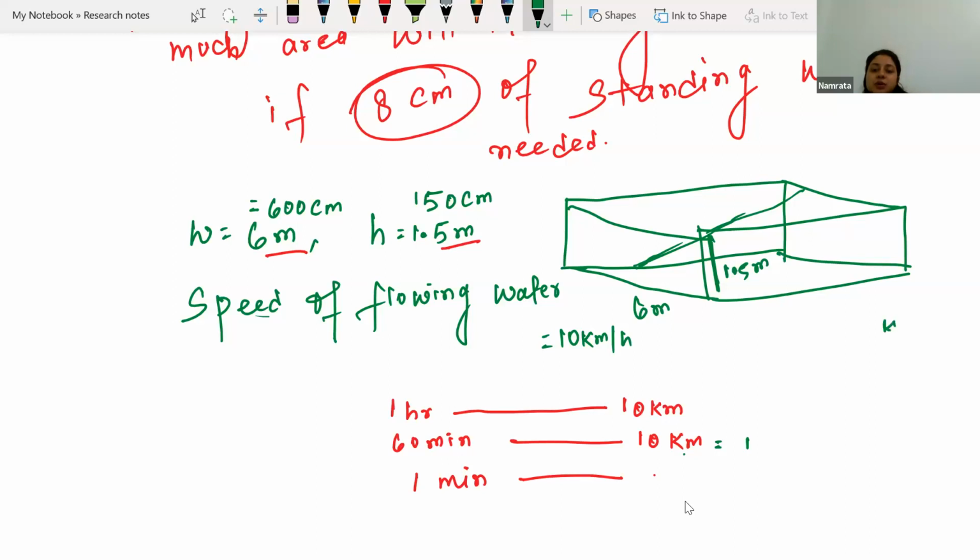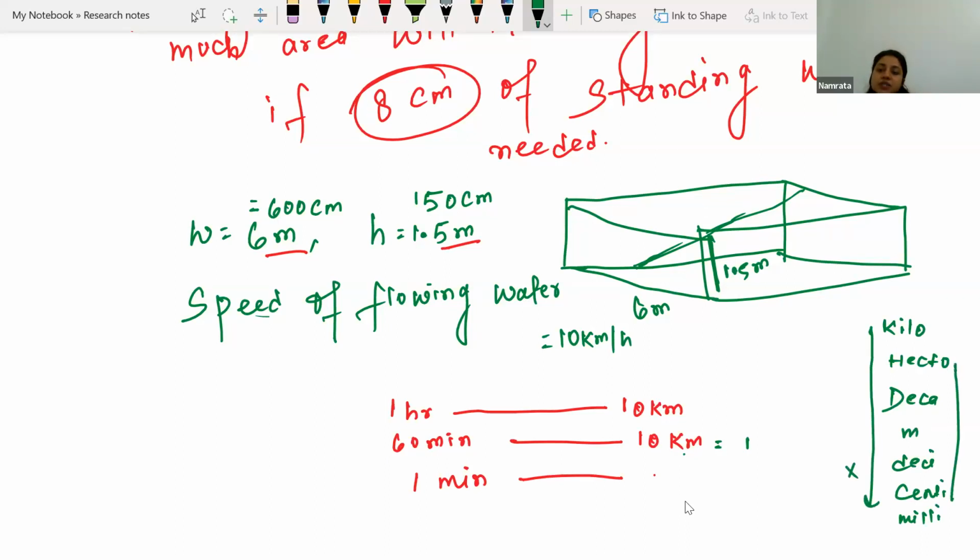And if you have learned this table somewhere, that is kilo, hecto, deca, meter, deci, centi, milli, this table will also help you. Whenever we come downside, it's multiplication. When we go upside, it's division. And one step consists of 10.